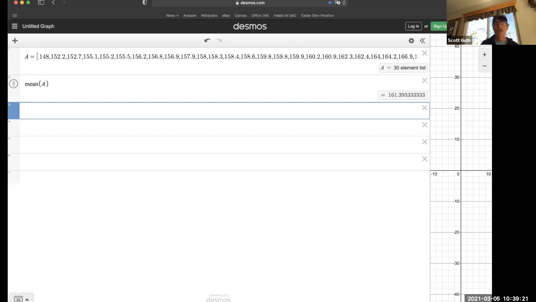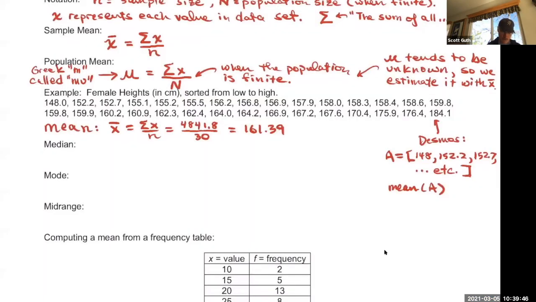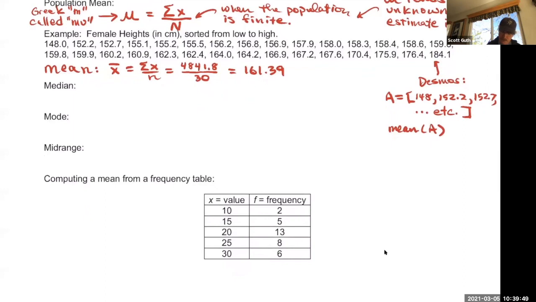Okay, so I'm going to pop back to the notes again real quick and define the next few averages. So for the mean, we get 161.39.